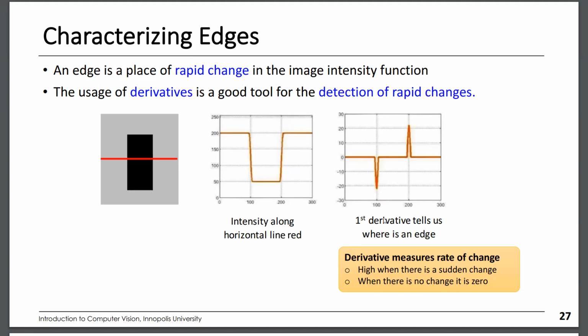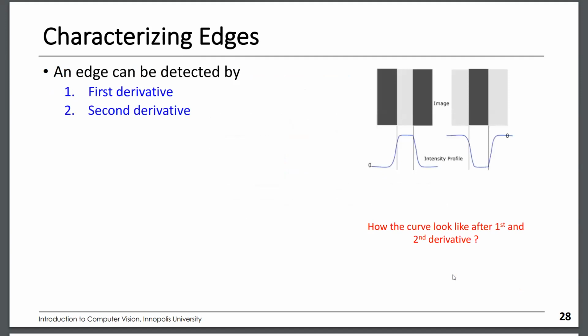So here, the first derivative tells us where the edge is, right? We can definitely see that the derivative gives you 0 when there is no change, then gives you a high value when there is a high change. So the derivative measures rates of change: high when there is sudden change, and where there is no change, it is 0.